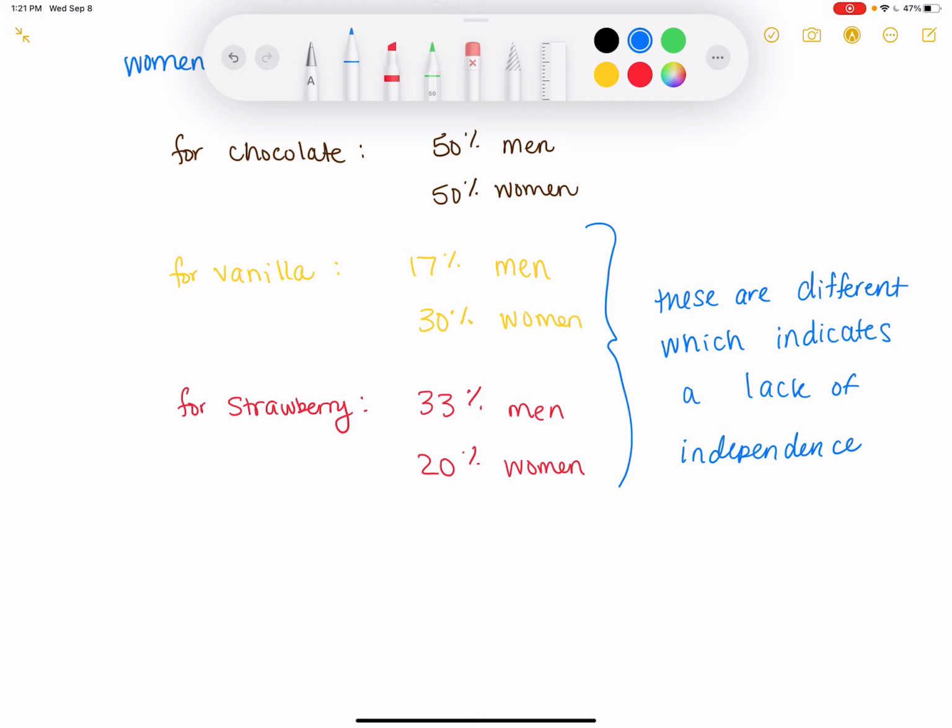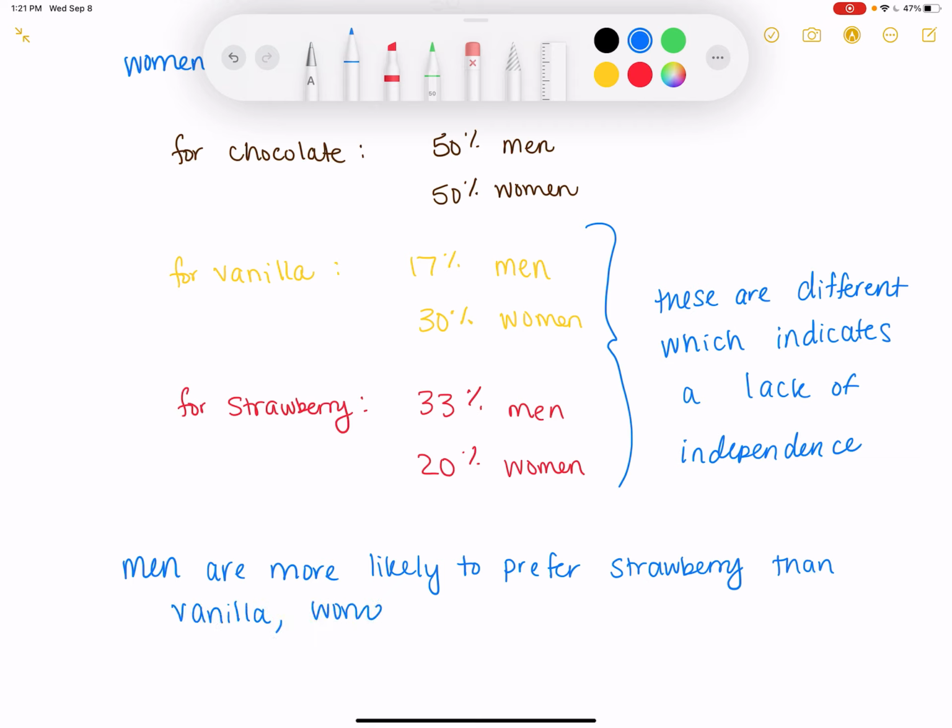So to conclude this part, where we're going to stop for today, men are more likely to prefer strawberry than vanilla. Women are the reverse.